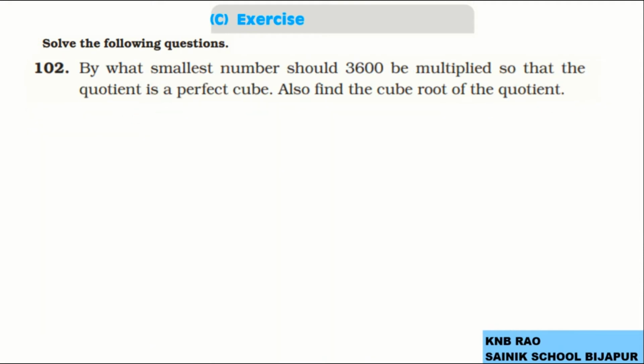Now question number 102. By what smallest number should 3600 be multiplied so that the quotient, see, he is saying be multiplied, that means we get a product, not a quotient, so it is to be changed, isn't it? It is product, and this is also to be changed, and it is product.